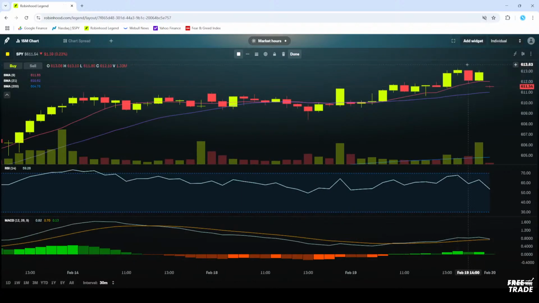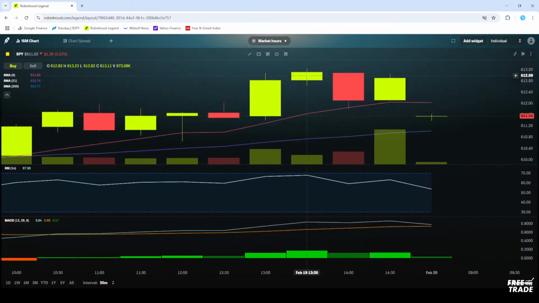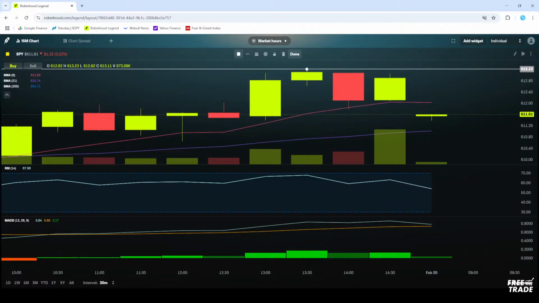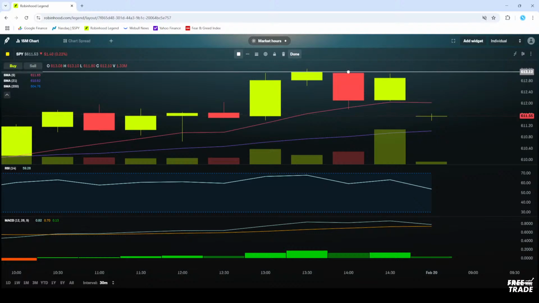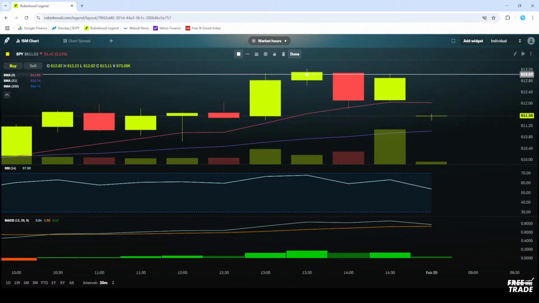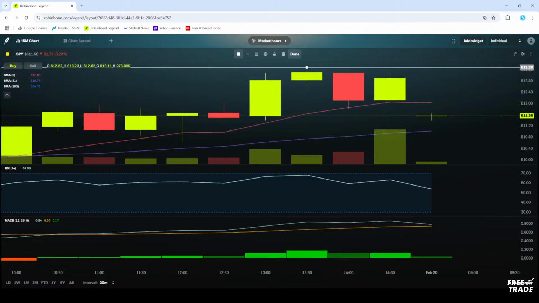That's going to be right up here. Highest price was 612.62. Let's mark that. I'm sorry, I said 612. It was 613.10. 613.23. My goodness, I'm having a hard time right here.